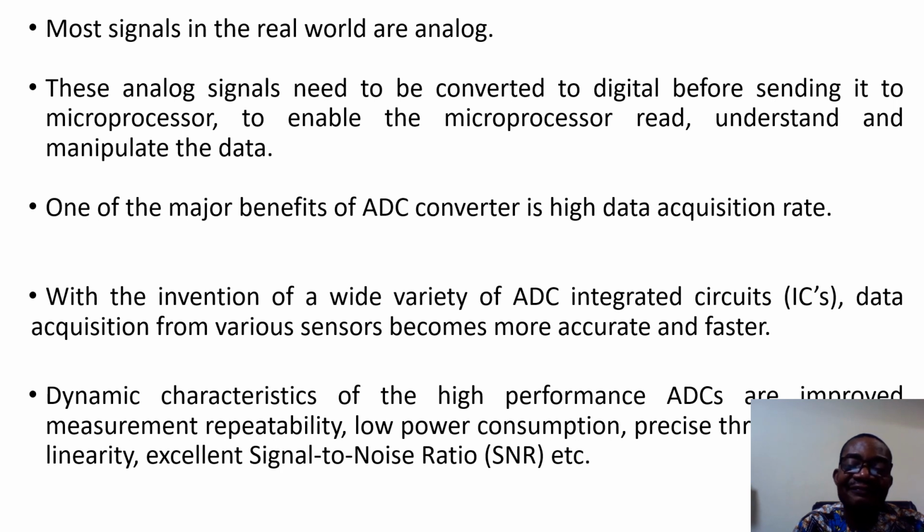One of the major benefits of analog to digital converters is high data acquisition rates. The data acquisition rate of most analog to digital converters is usually very high. With the invention of a wide variety of analog to digital integrated circuits, data acquisition from various sensors becomes more accurate and faster.